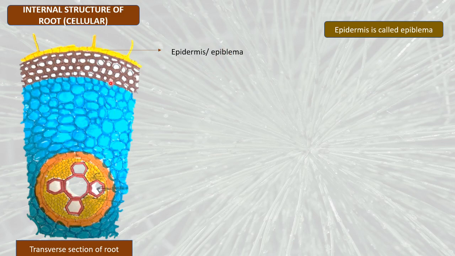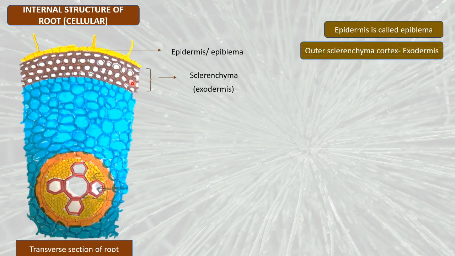So in root you can name epidermis as epiblemma. There is sclerenchyma present, the mechanical support system, and this is outer cortex actually, and therefore it is also called exodermis. The outer cortex, which comprises of sclerenchyma, is called exodermis. This is the inner cortex, which is parenchyma cells.